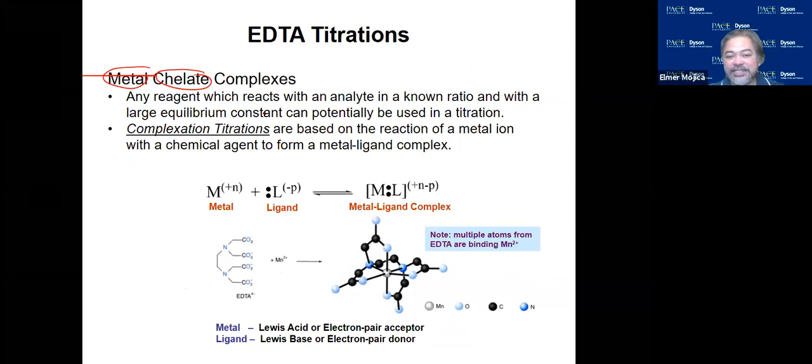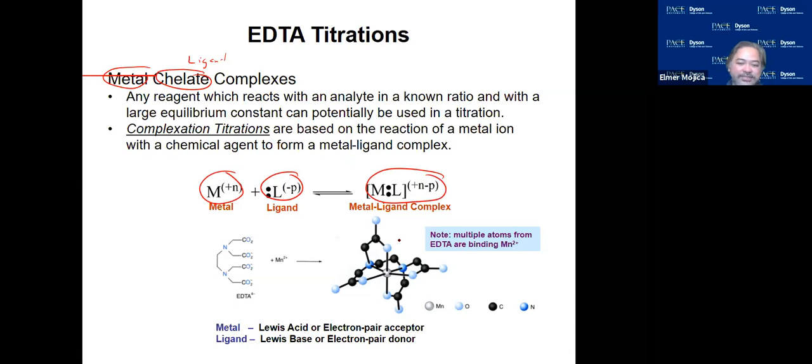The chelate is the EDTA that we use, or the way that they do it is a ligand. When we have these complexes, this is any reagent which reacts with an analyte in a known ratio and with a very large equilibrium constant. So you have the metal here reacting with the chelate to give you the metal ligand complex.